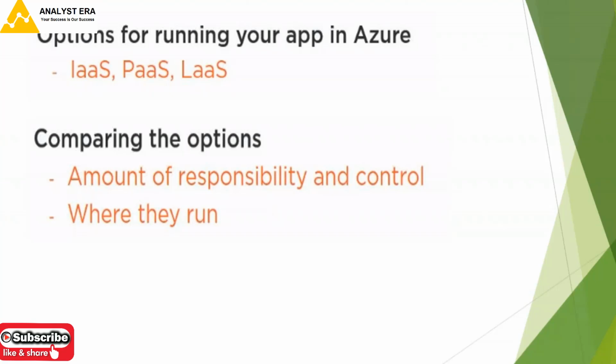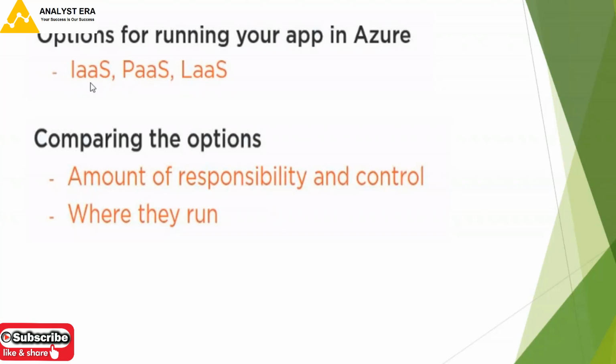You have multiple options when you are building your application and deploying it in Azure. Then you compare the options, your amount of responsibility and control, and where they run. Essentially, as you move from IaaS to PaaS, the responsibility you are taking is reducing.